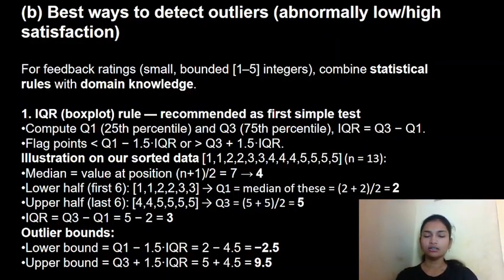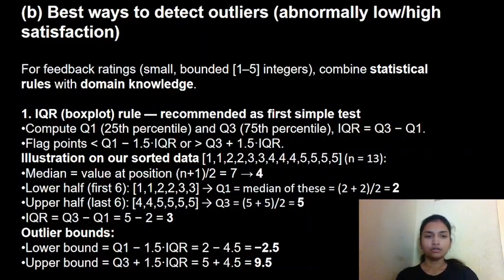On this sorted data, we are having 13 ratings. Now we will find the median using this formula: n plus 1 upon 2. Our n was 13, so the median position is 7. Yes, 7. So our median will be 4. For the lower half, we take the first 6 values, and Q1 means we take the median of these, so our value is 2.